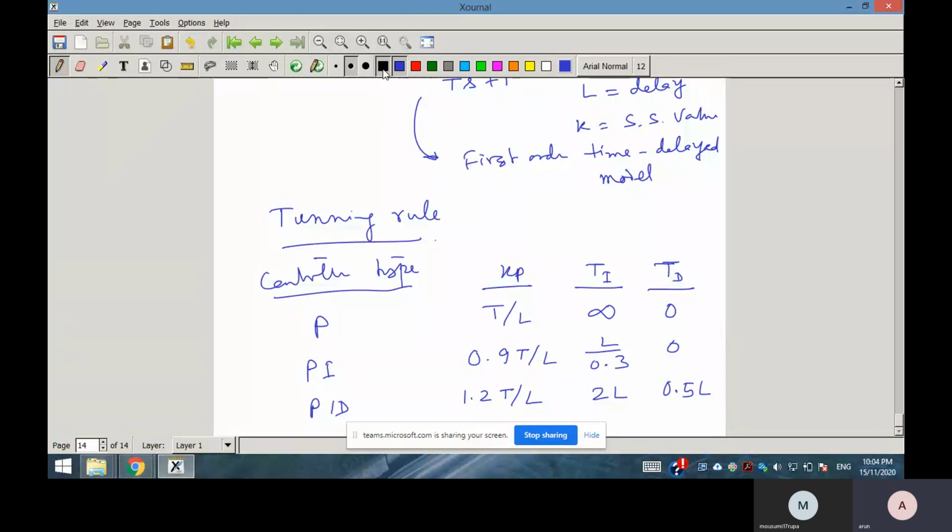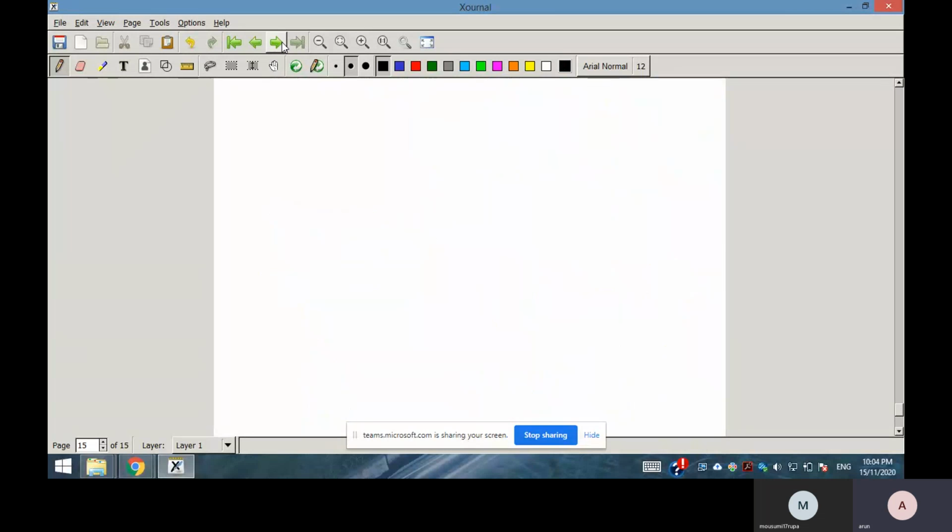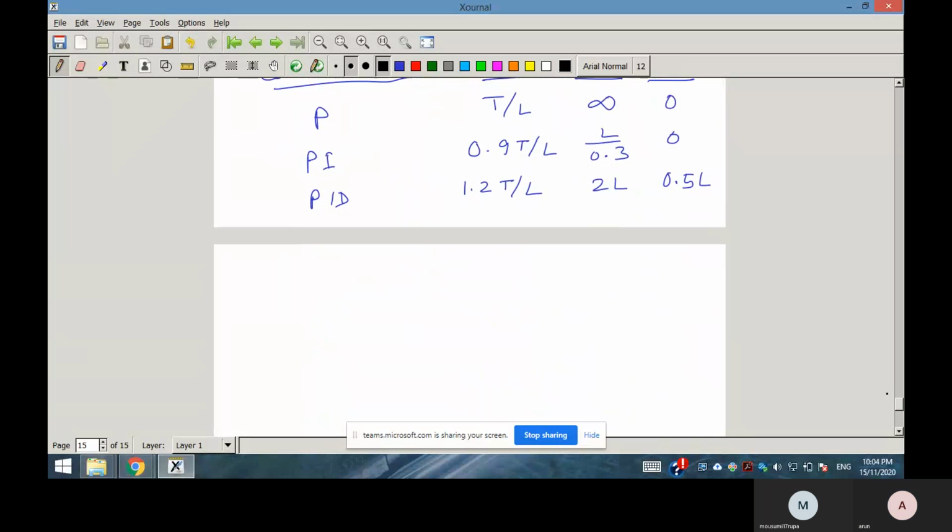Now case two: it may happen that all processes may not have this kind of characteristics. Then in that case, what will you do?